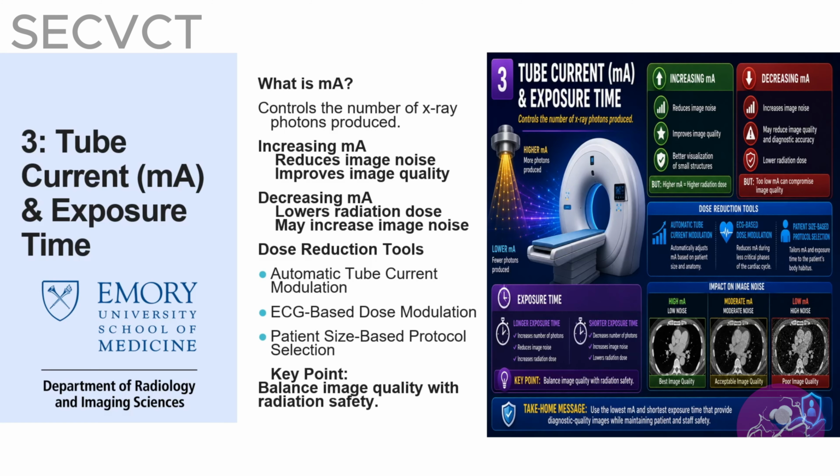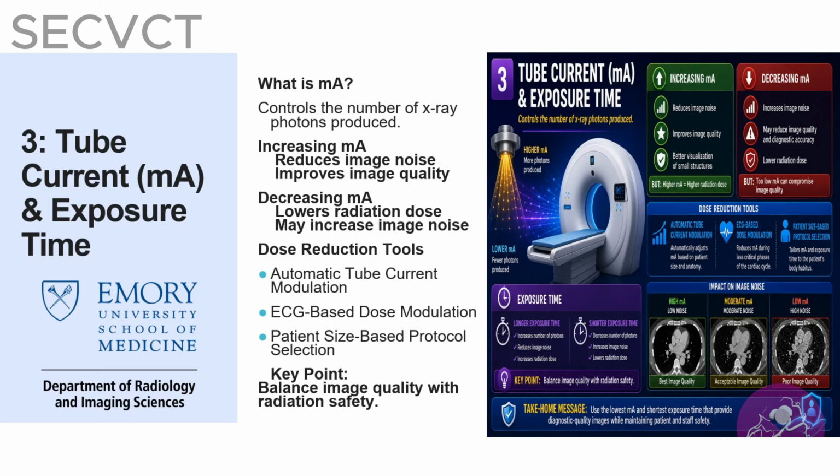All right. Our tube current and exposure time. What is mA? It controls the number of X-ray photons produced. Increased mA reduces image noise and improves image quality, which we do want. Decreased mA lowers radiation dosage but may increase image noise. This goes back, technologists, to our basics of radiology, okay?